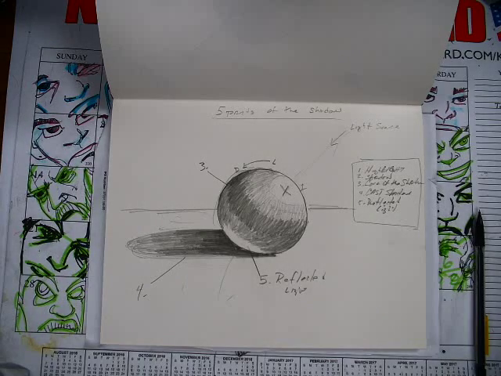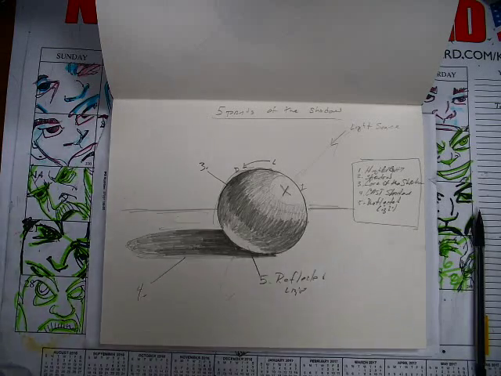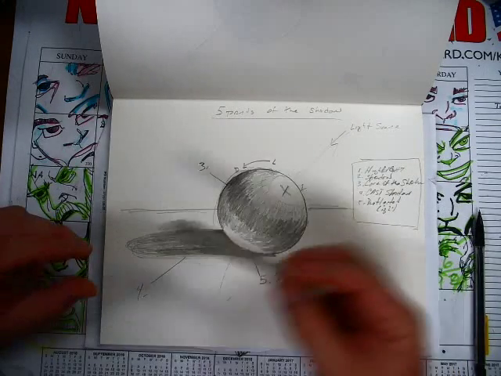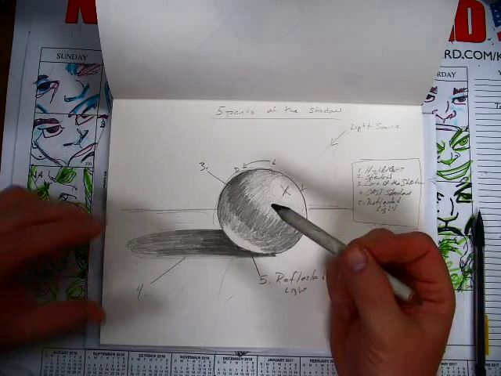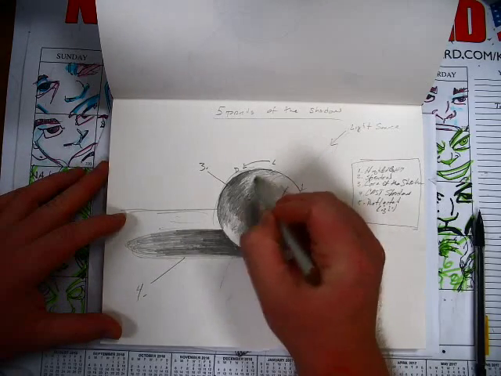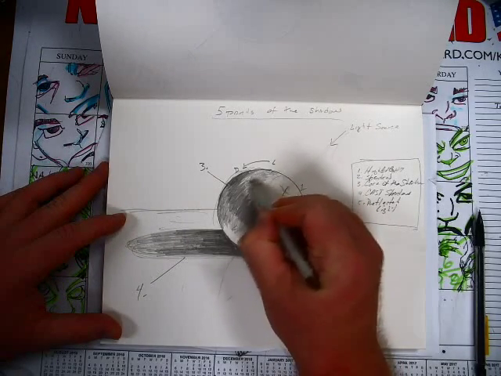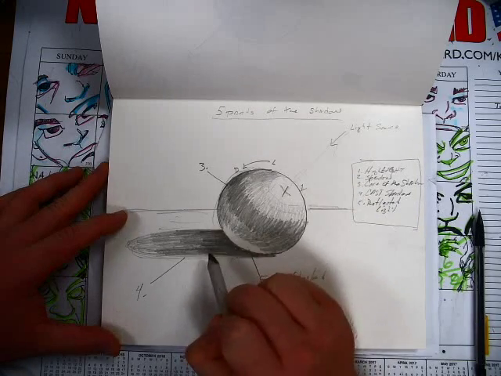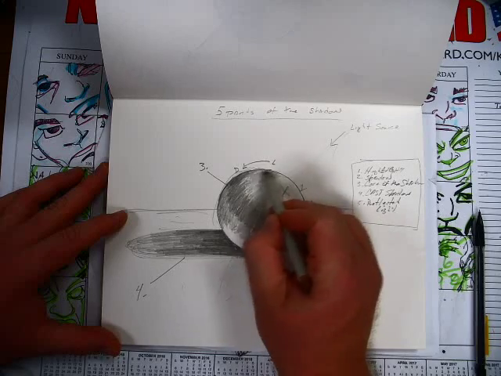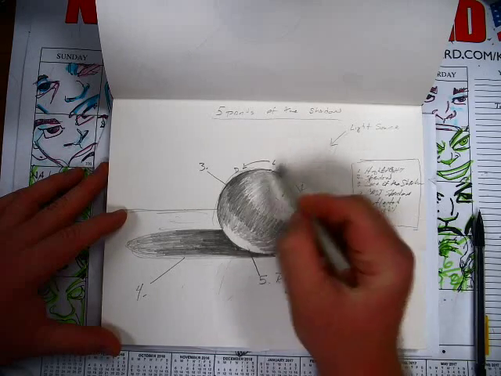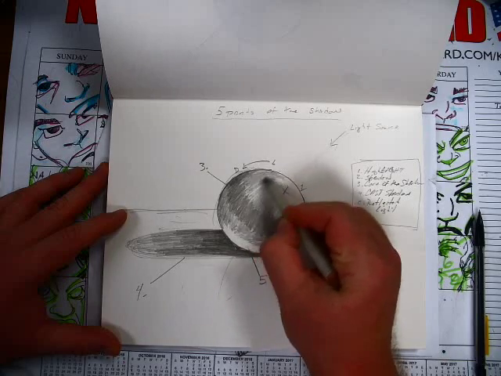Now, the next part of this is to blend this down. I would use a blending stump, something that looks like this, or just a rolled piece of paper, and you take the blending stump and work in a circular motion. Because if you go with the striations of the graphite, depending on the hardness of your graphite, you could actually be making little trenches in your paper.